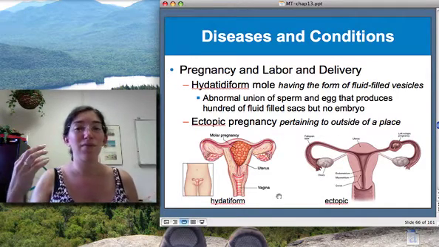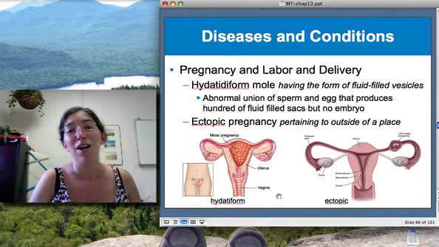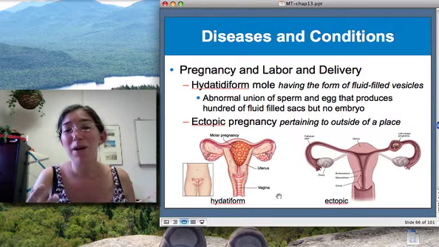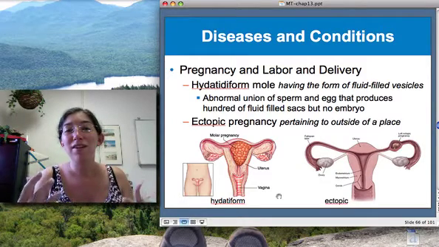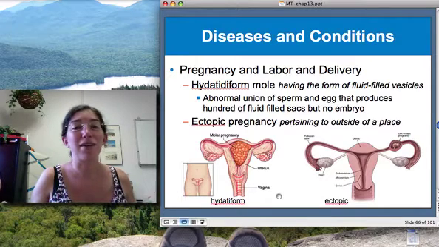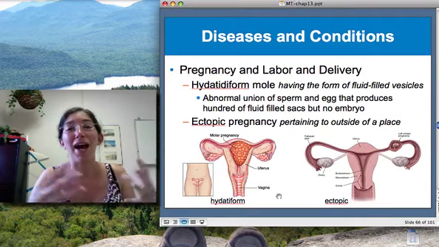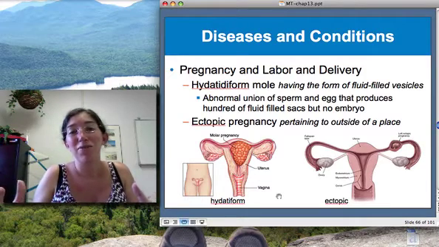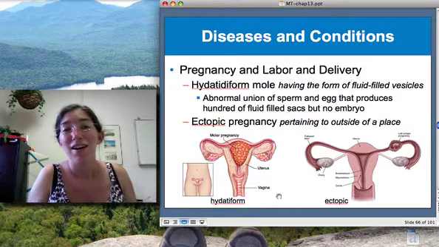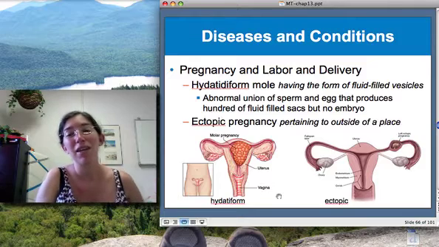It's where the egg gets fertilized and then goes and implants in the uterus, but it doesn't divide properly and it doesn't develop properly. So the cells start dividing, but they're not differentiating or something, and so you end up with like this large tumor or mass that was the fertilized egg, and that should be an embryo, but instead is just a mass of a bunch of cells that are not an embryo.